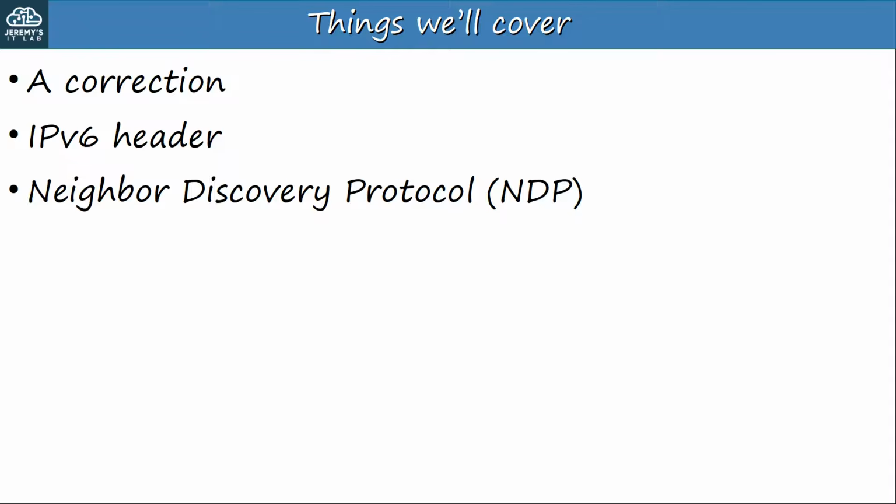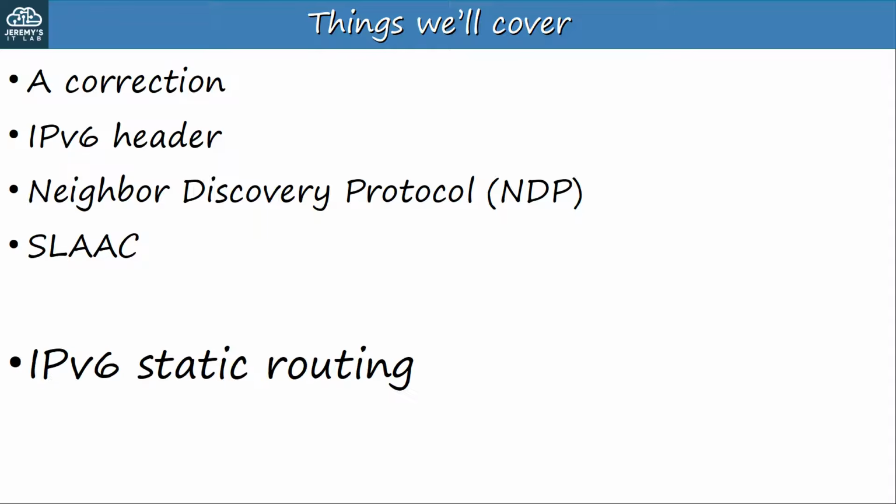That's right, IPv6 doesn't use ARP. Next, we'll cover something called SLAAC. Finally, the main topic of today's video is IPv6 static routing. Although it's probably the most important section, it's right in the exam topics list, because you already understand IPv4 static routes, it should be simple to learn them in IPv6.